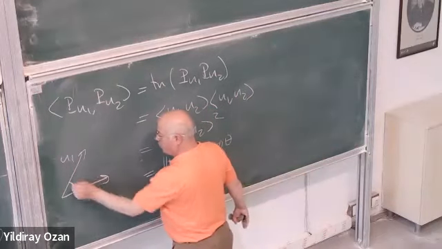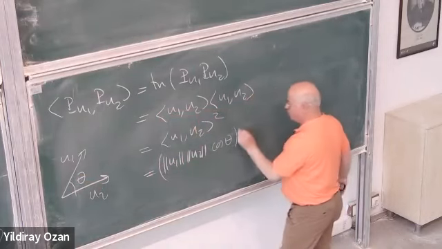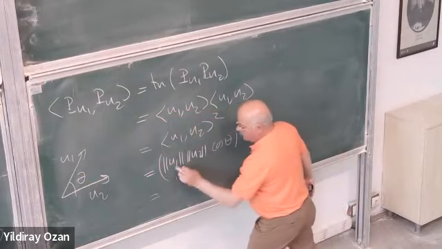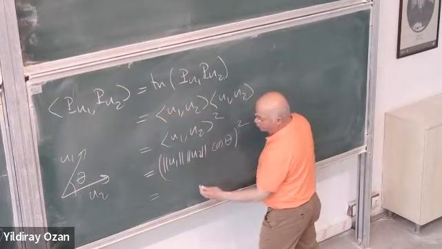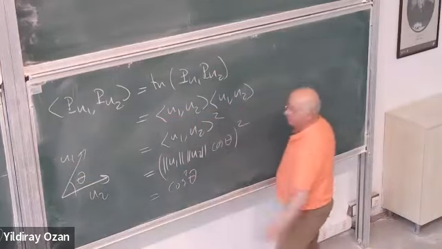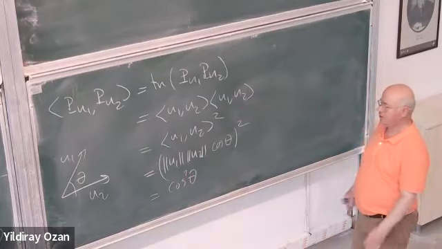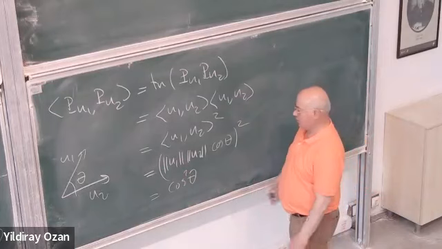Therefore, its square is just, of course, since the norms of U1 and U2 are just 1, we have only cosine squared theta. So it is not the usual angle, but it is right.